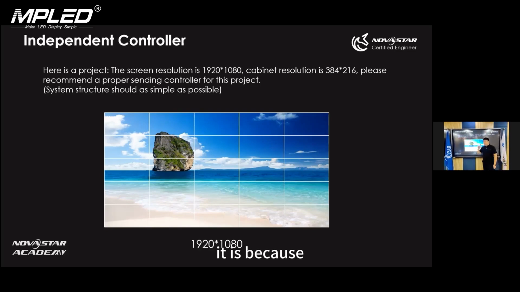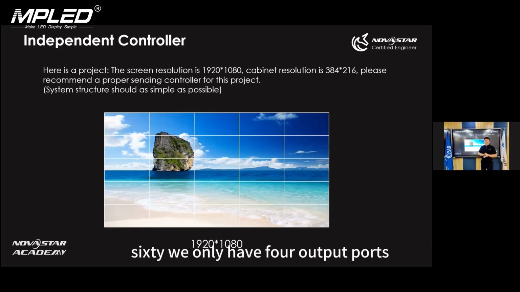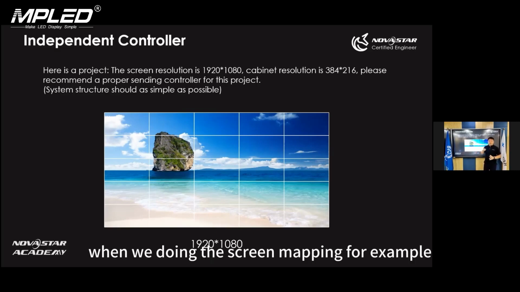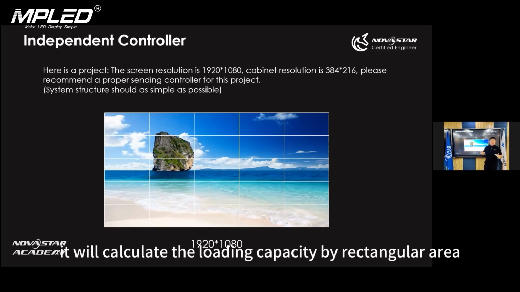It is because the 600 and 660 only have 4 output ports. For the LED control system, when we do the screen mapping, it will calculate the loading capacity by rectangular area.